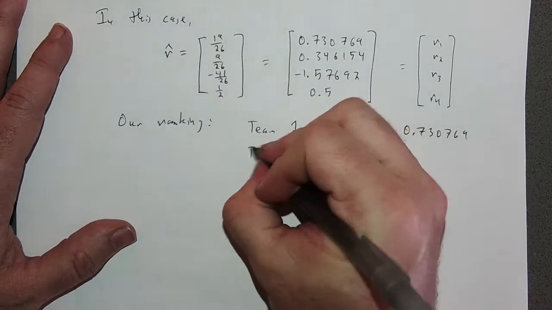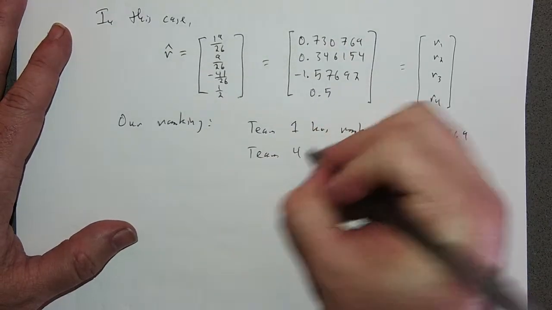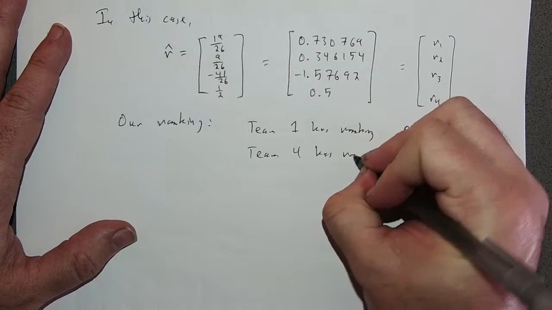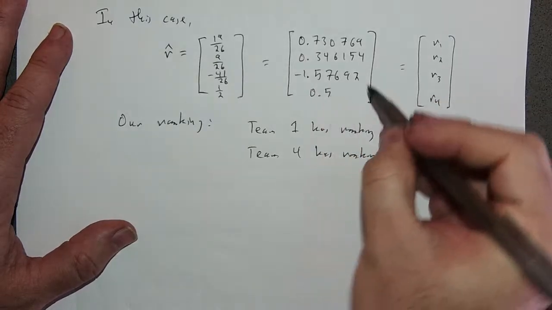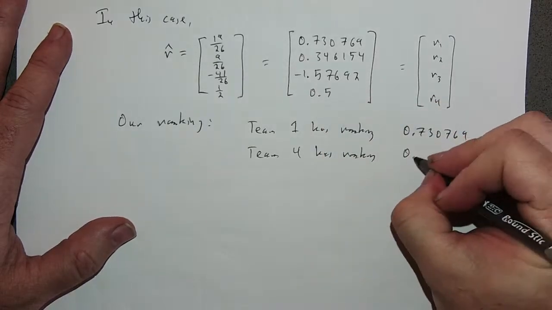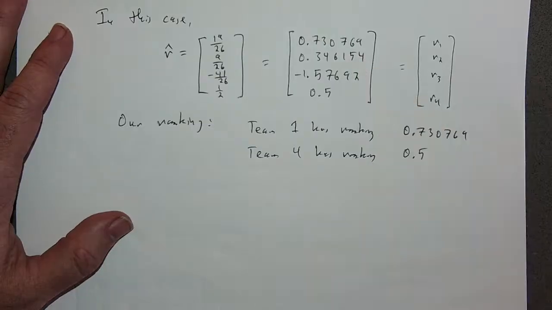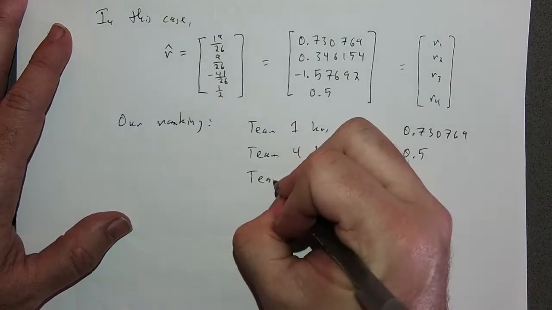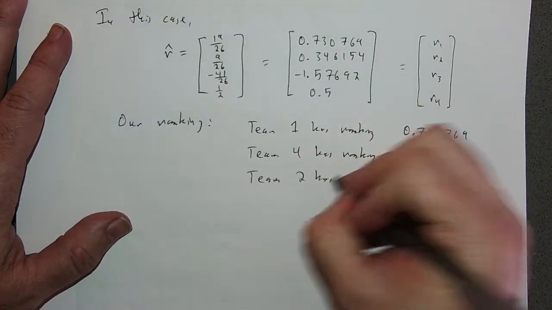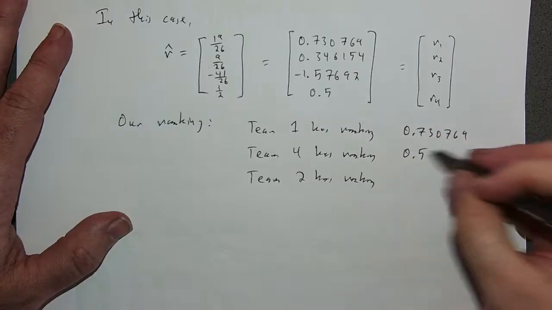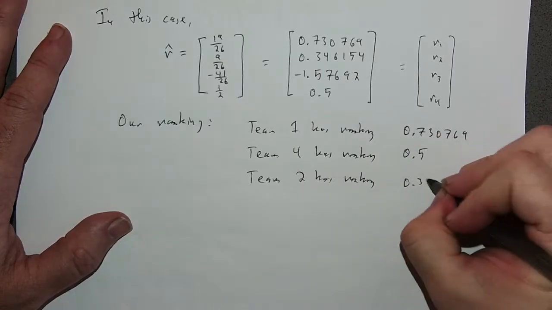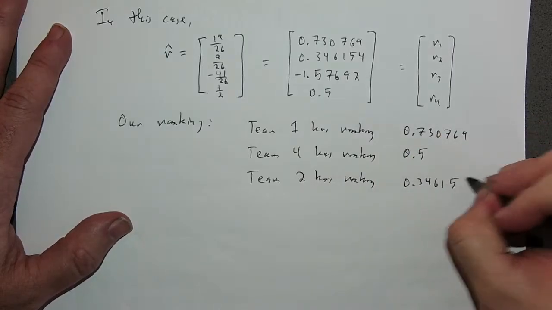Team 4 comes next, with ranking 0.5. Then team 2, 0.346154.